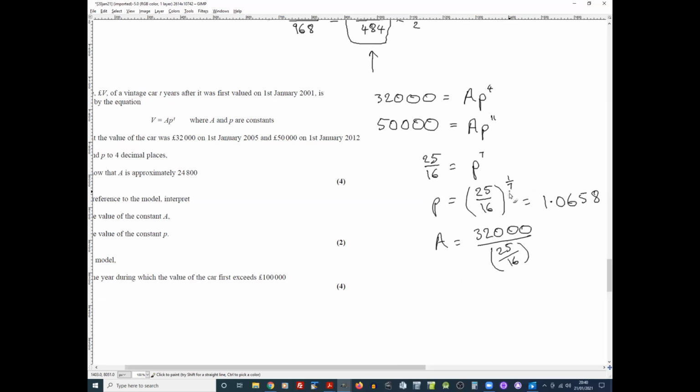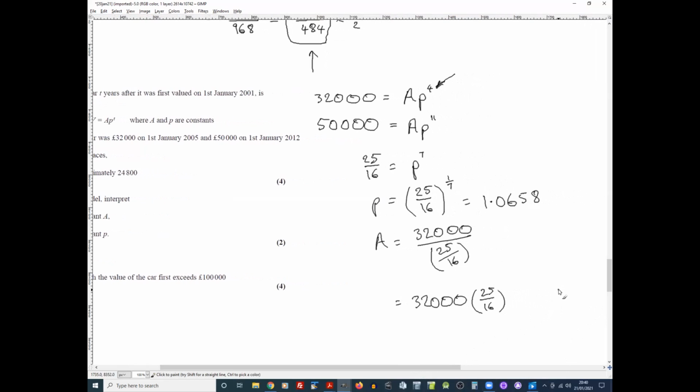If we're using that number, we need this power of P. Your power of a seventh is P, but to find A we need to multiply by P to the 4.